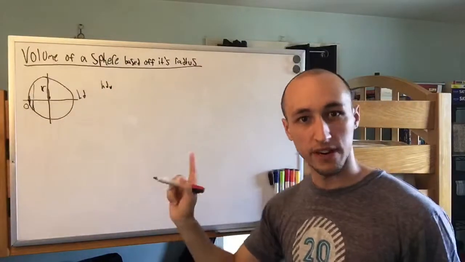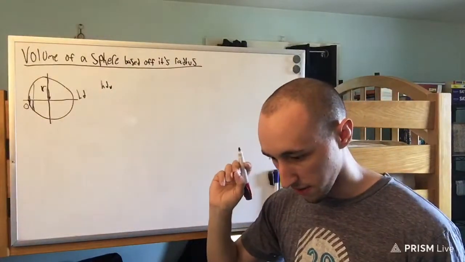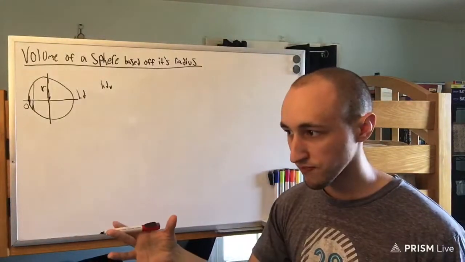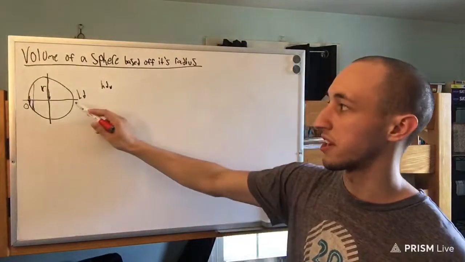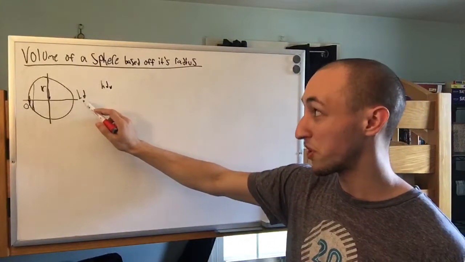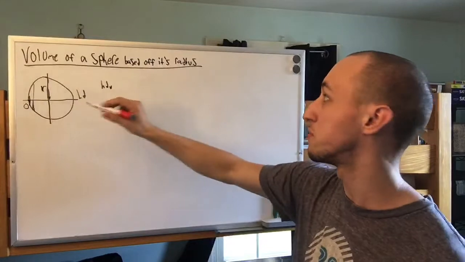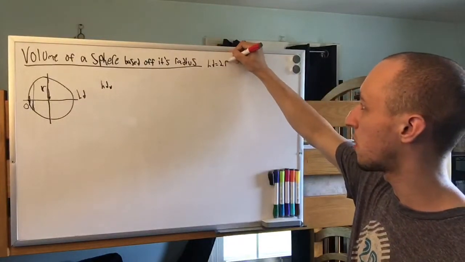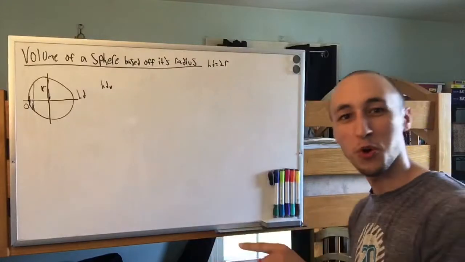And that will give us the formula for the volume of a sphere. Obviously, HD is going to equal 2R. I'm just going to put that here. HD equals 2R.